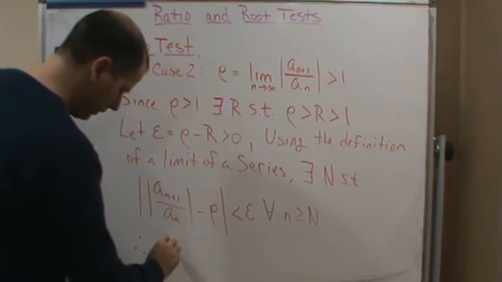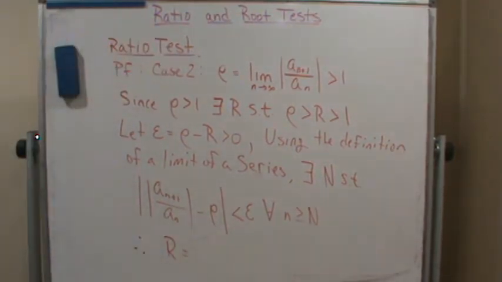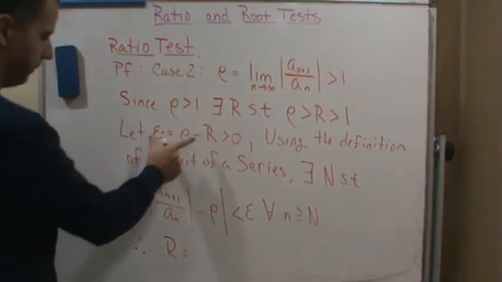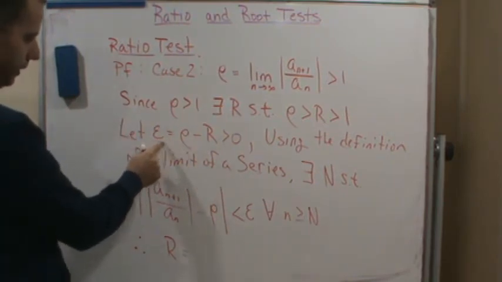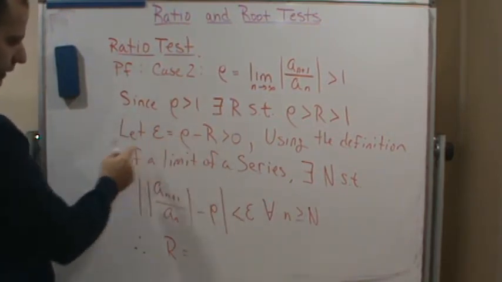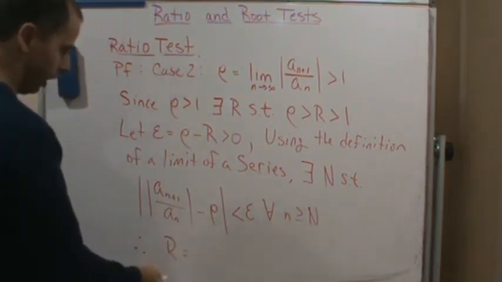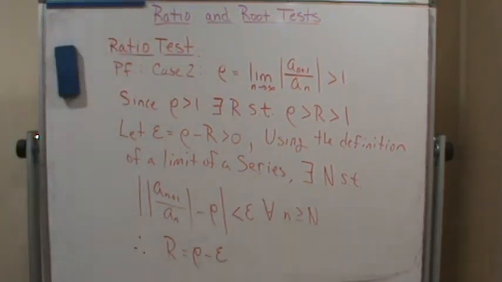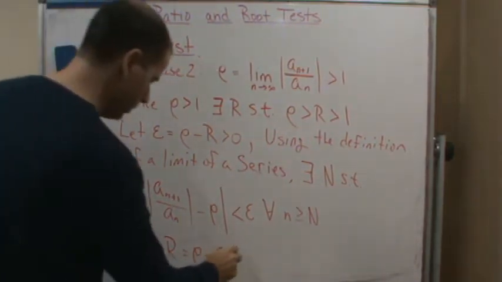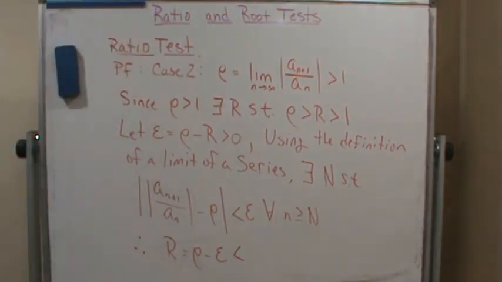So therefore r equals rho minus epsilon, right? Up here. So if we just do rho minus epsilon, again we're just using this equality here. And so we're going to say r equals rho minus epsilon is less than what?